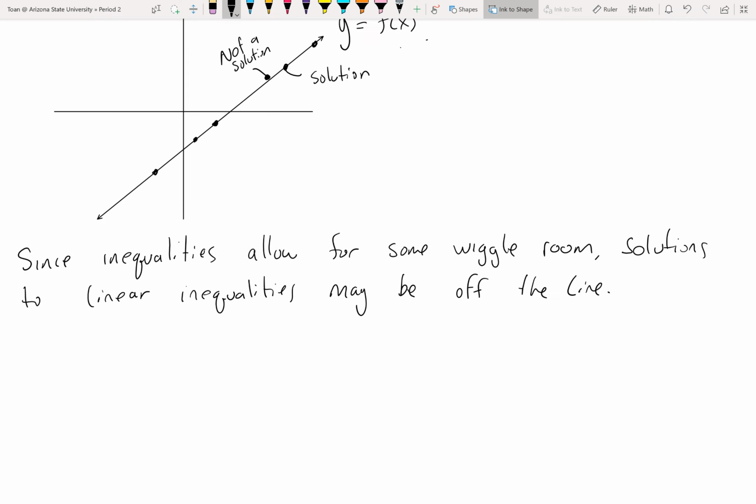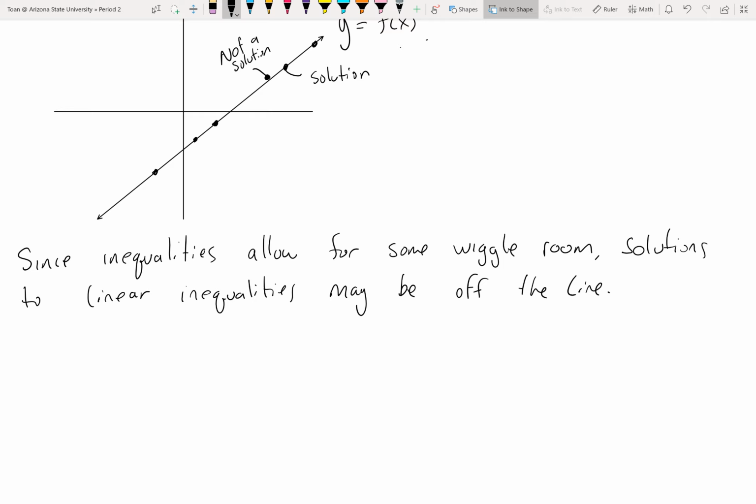Right? And so that's the only thing that differs between today's lesson and yesterday's lesson. Yesterday's lesson we were graphing linear equations, so your solution set, the answer, was that precise line, no more, no less. But today, since we're talking about inequalities, because inequalities are flexible, it gives you lots of options, your answers may be off the line.